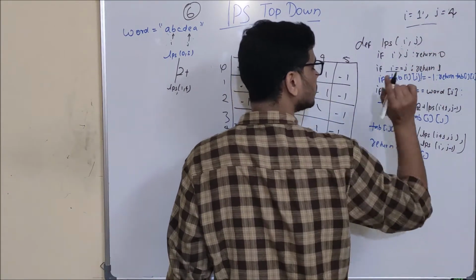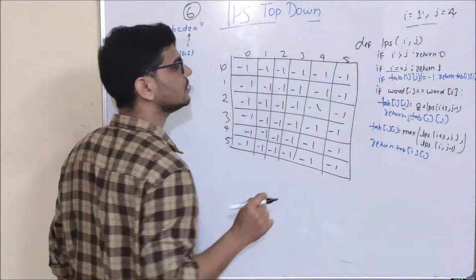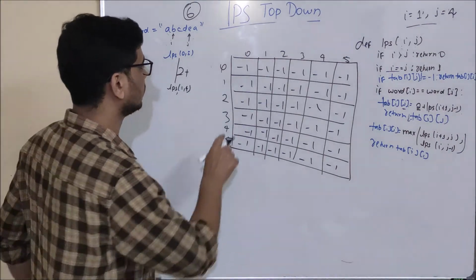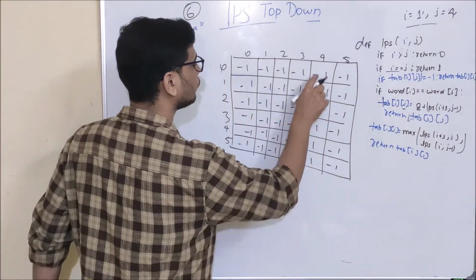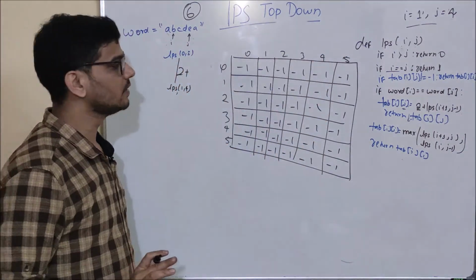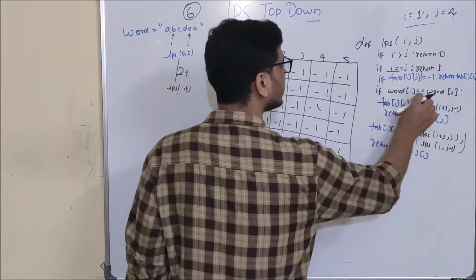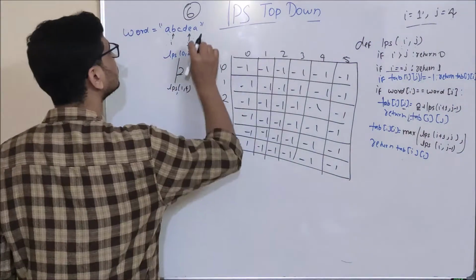Okay. This will also be false. Again it will check in the table, tab of 1 comma 4. So this is 1 comma 4. Correct? And as you can see here, it is -1. So it will also be false. So again this call will be made.